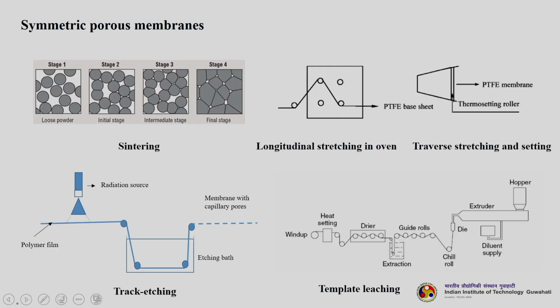Then for symmetric porous membranes, we have many different types of processes. I have just tried to give you schematics to understand. The first one is sintering. Sintering is a process in which we take powder materials, it can be any materials, and apply thermal treatment at very high temperature. You see the first one is the loose powders.